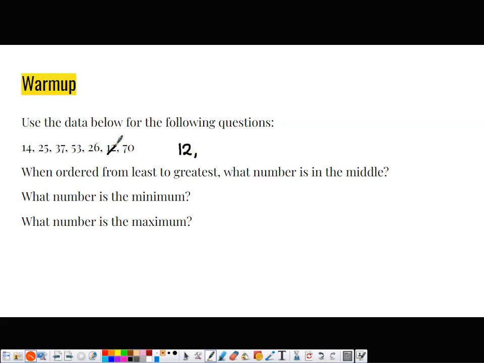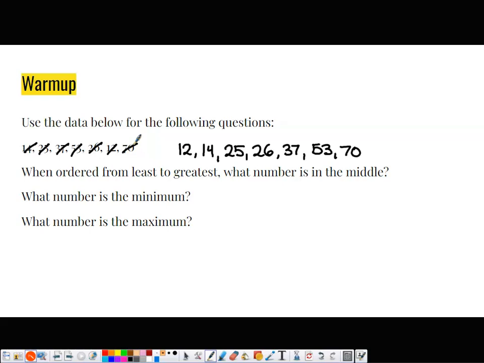So 12, it looks like 14 is the next one. 25 is our next number. Then we have 26, 37, 53, and 70.